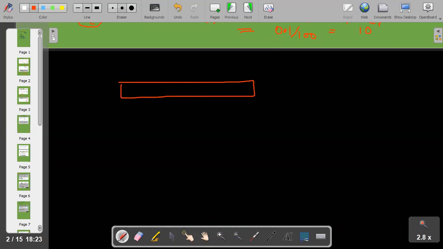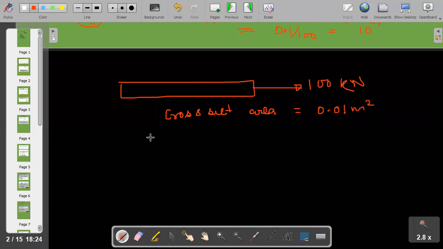A rod is there and a force of 100 kilonewton is applied, and its cross-sectional area is 0.01 meter square.